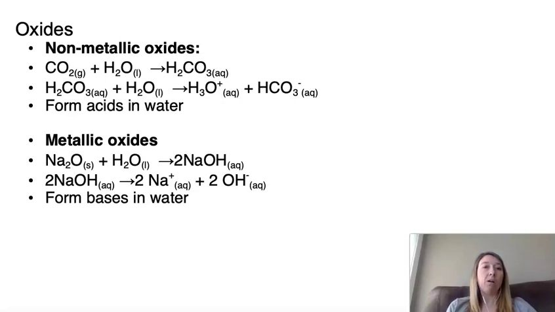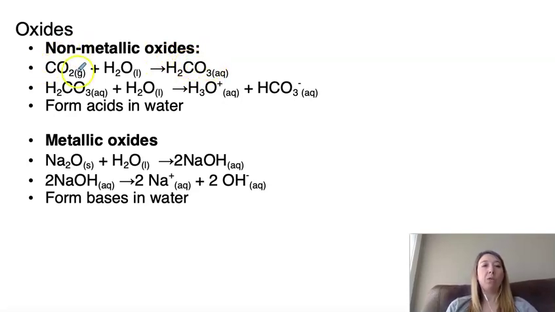So a non-metallic oxide would be a compound that contains a non-metal with oxygen. Carbon dioxide is your classic example of that, right? Because carbon is a non-metal, it's paired with oxygen. What we find for our oxides is that they undergo formation reactions, right? So this is a formation reaction, okay? It's not like the true definition, which is an element plus an element to give us a compound, but it is a formation in that we have 2 things joining together to create one, right?